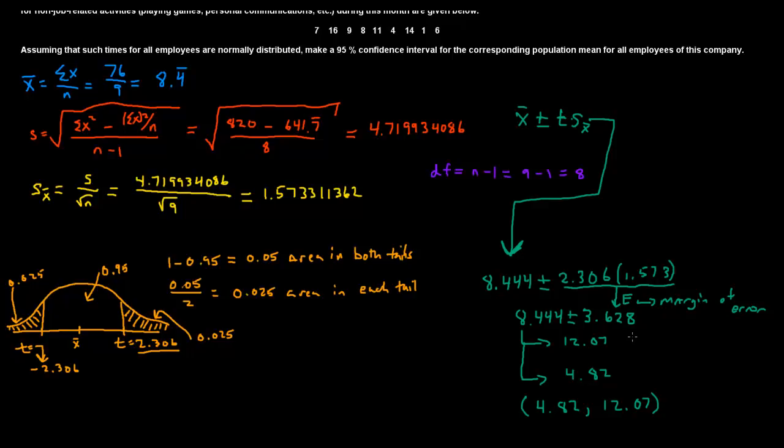We're done with the solution that we need for this particular problem. But if we wanted a smaller margin of error, we learned previously that one way to decrease it is to increase the sample size. Another way to decrease the margin of error would be to decrease your confidence, but you don't want to do that. So let's see what happens if we increase our sample size.